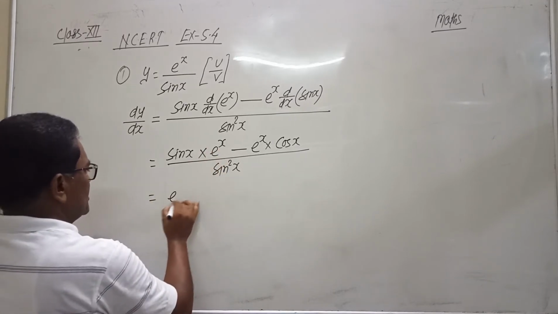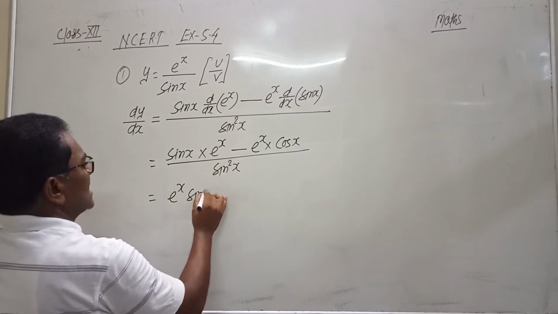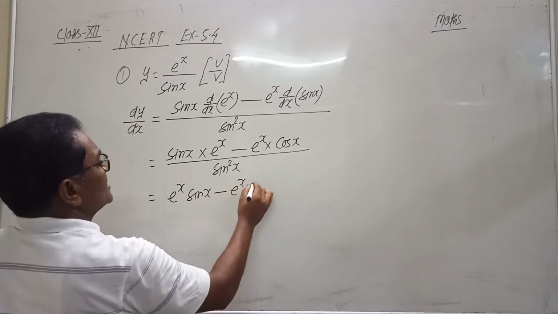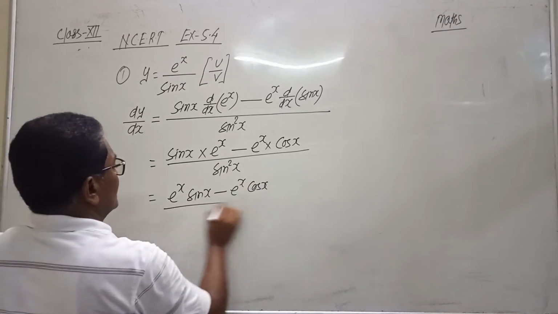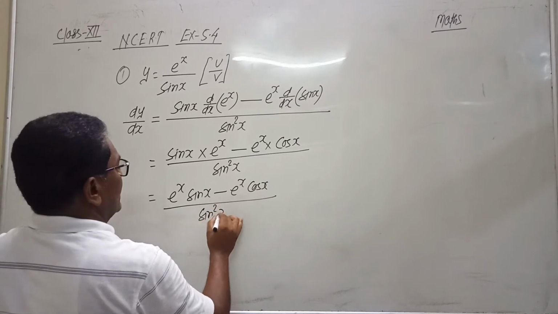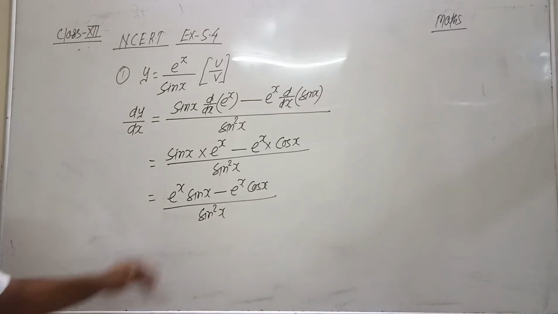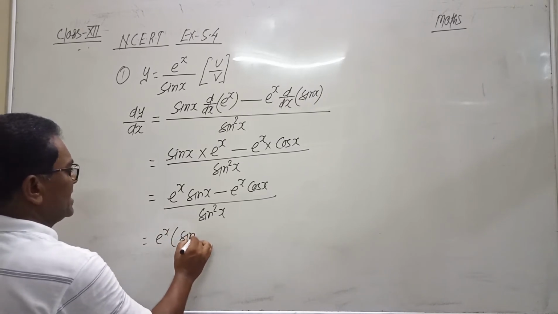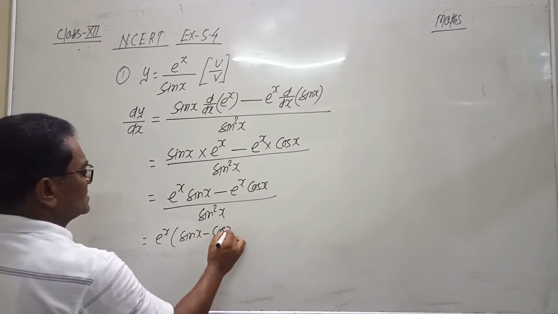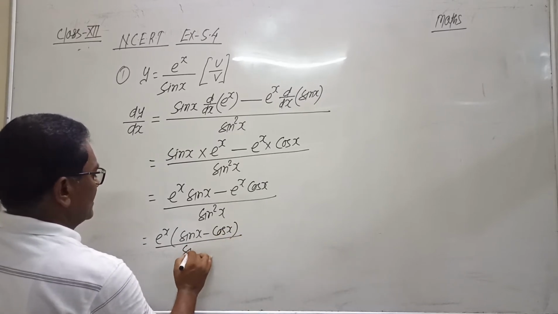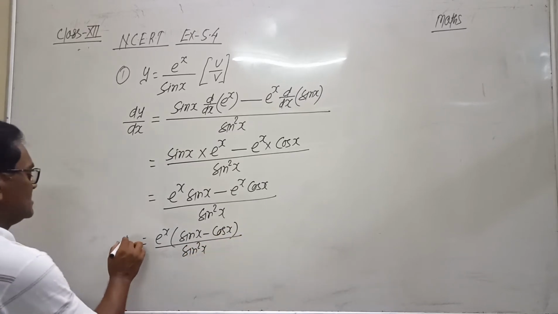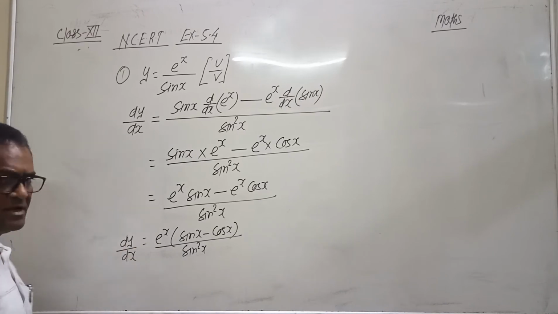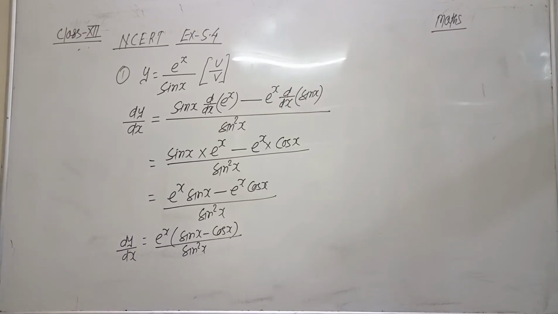So it gives e raised to the power x into sin x minus e raised to the power x into cos x upon sin square x. From the numerator, e raised to the power x is common, so we get e raised to the power x, sin x minus cos x upon sin square x. This is dy by dx.